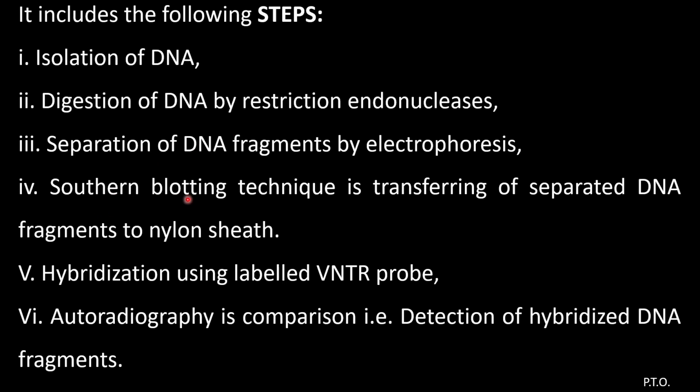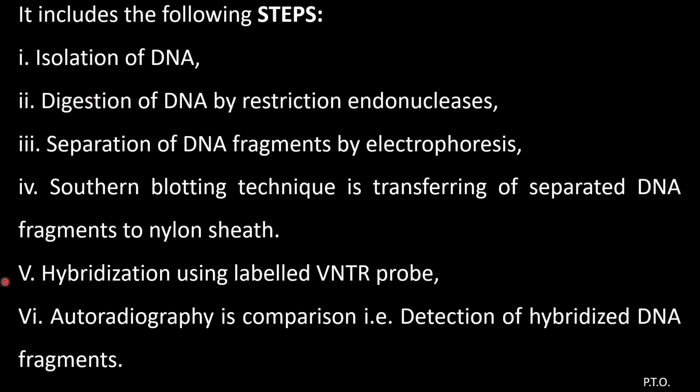Fourth one is the southern blotting technique, transferring of separated DNA fragments to a nylon sheet. Fifth one is hybridization using labeled VNTR probe. And the last step is autoradiography, that is detection of hybridized DNA fragments. So these are the 6 steps which will give you an idea regarding the process of DNA fingerprinting.